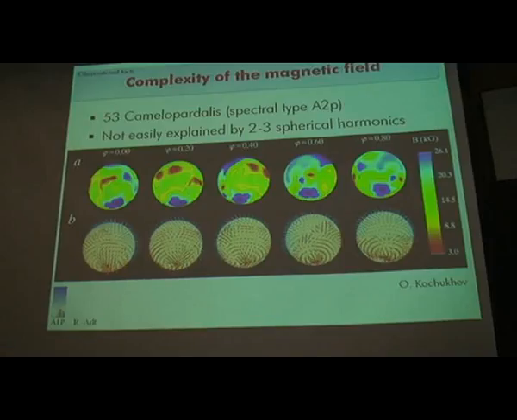But actually you can see that these things are not always just dipoles. They may be quite complex. This is the strength of the magnetic field on the surface of such a star at different viewing angles, at different phases. And it was shown that it cannot be explained by just a few spherical harmonics. You need about 20 harmonics to fully match this field.